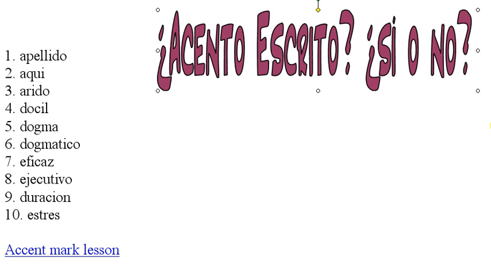Uno. Apellido. Apellido. Dos. Aquí. Aquí. Tres. Árido. Árido. Cuatro. Dócil. Dócil. Cinco. Dogma. Dogma. Seis.